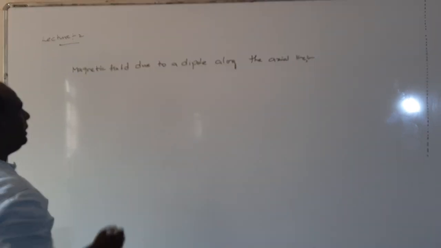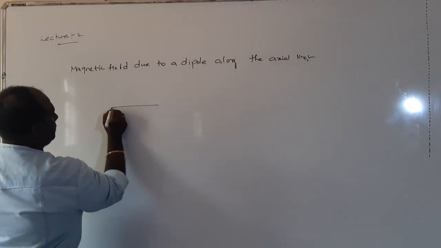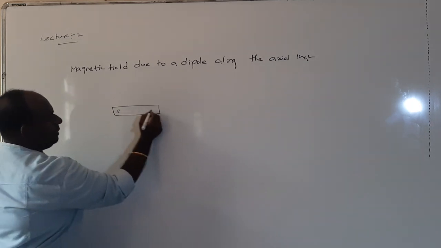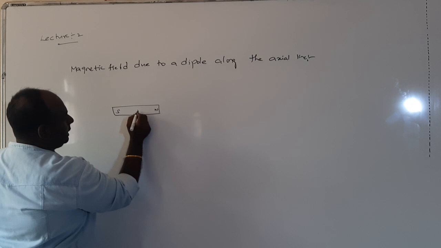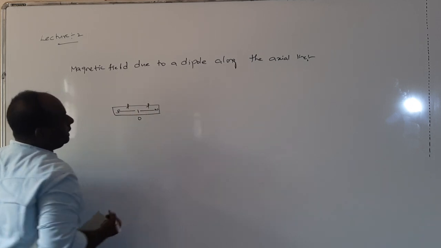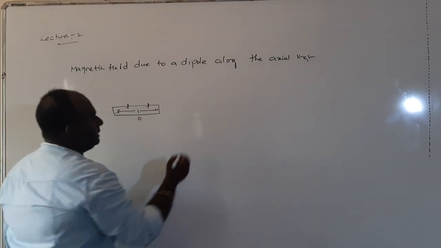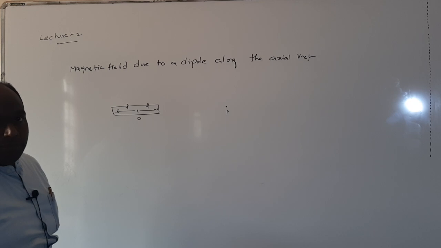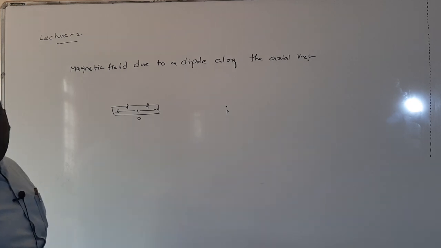How can we derive it? This is a dipole. This is south pole, this is north pole, this is center O. From the center, south pole is at a distance L, north pole is at a distance L. Now consider this point P, where I am keeping a unit north pole or a very small magnetic needle.